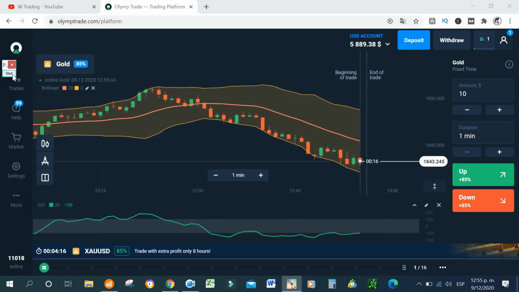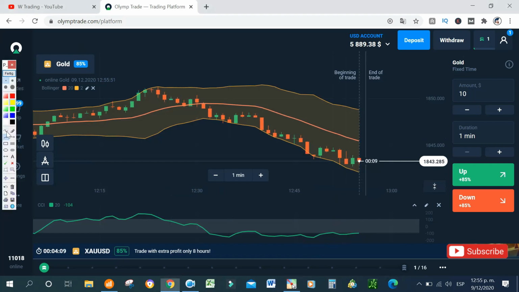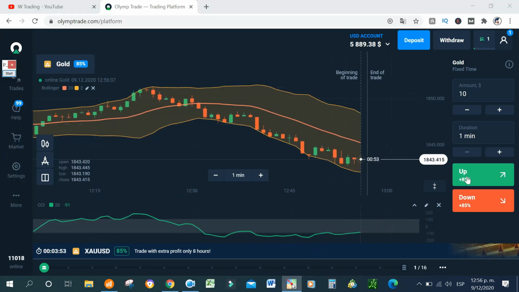And as you can see, the CCI indicator keeps making divergence with the Bollinger Bands. Divergence is very simple to understand. While the Bollinger Band is down, this oscillator is up. As simple as that. That is a divergence.